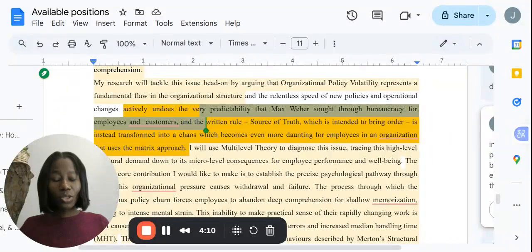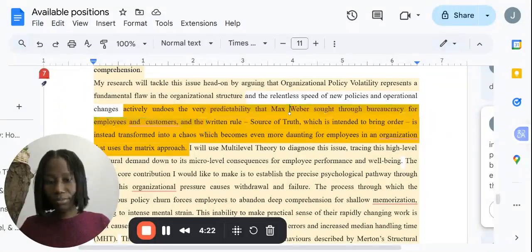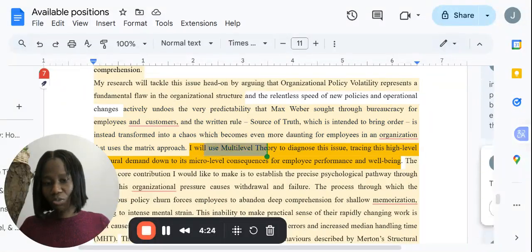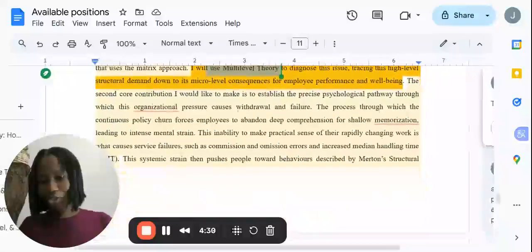If you remember last week, when I was explaining academic foundation, I mentioned that you should mention the theories that you have mastered, the projects that you have worked on, right? And this is where Max Weber comes in. Then they say they will use multi-level theory. So it's just an integration of the theory that they have learned.